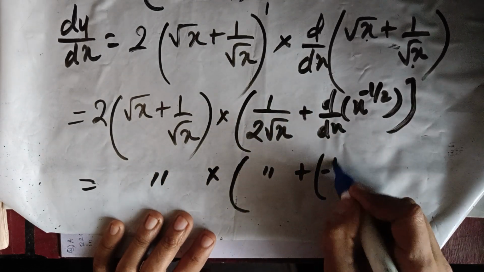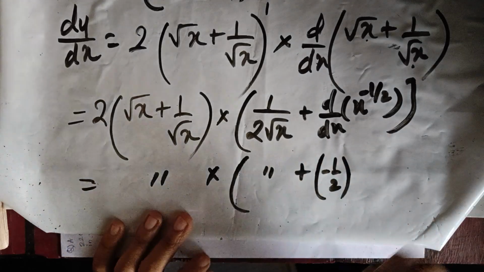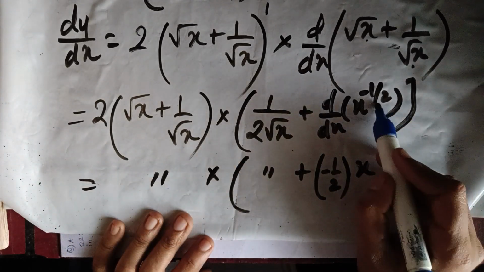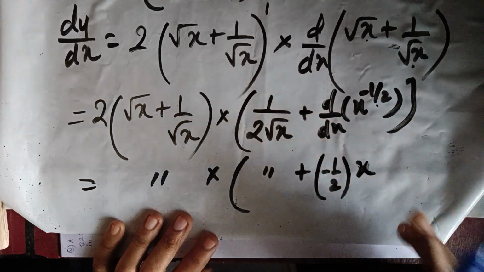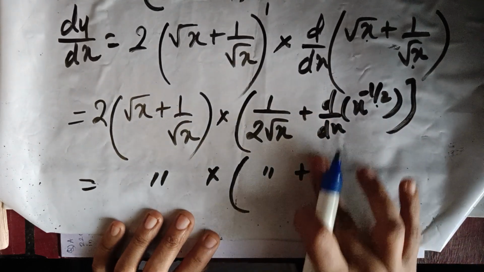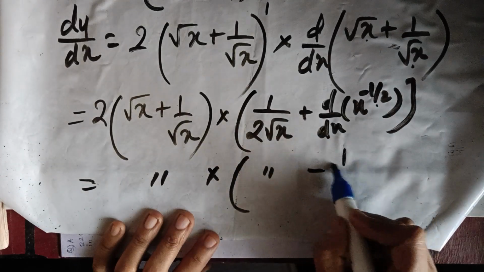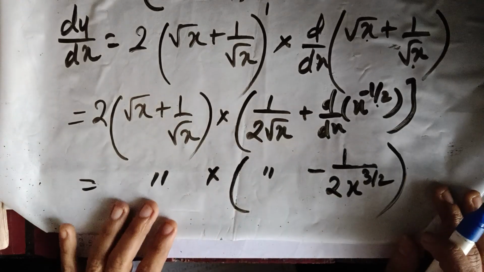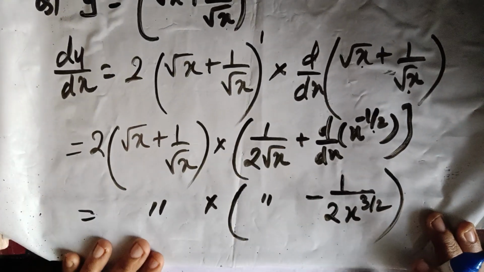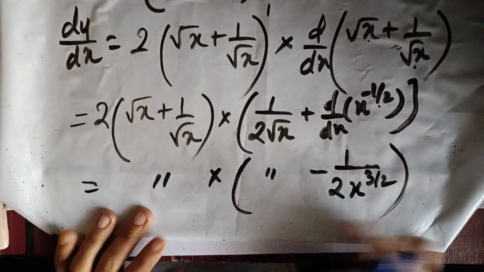This will be minus half using x raised to n formula. X raised to minus half minus 1, that is minus 3 by 2. So I can write this directly as minus 1 upon 2 x raised to 3 by 2. Okay. So this is the derivative.